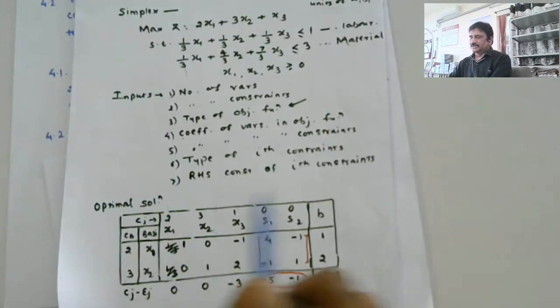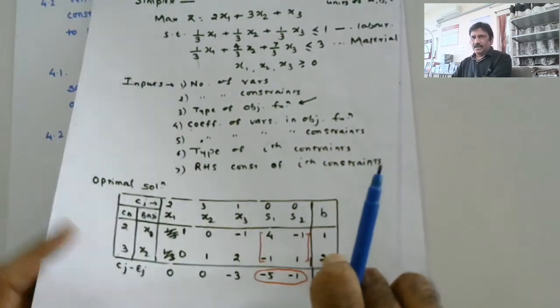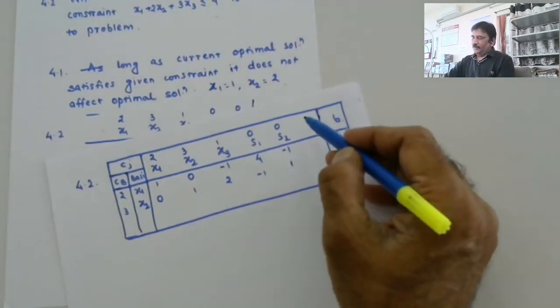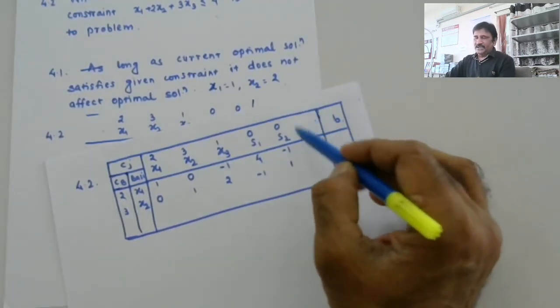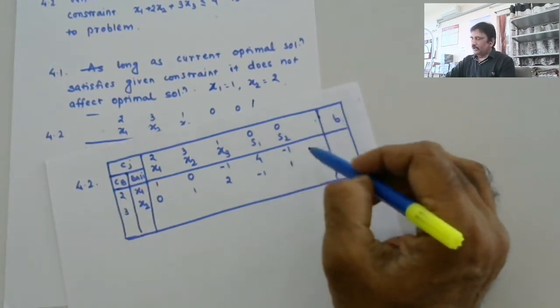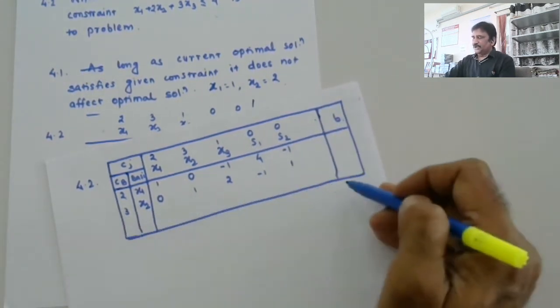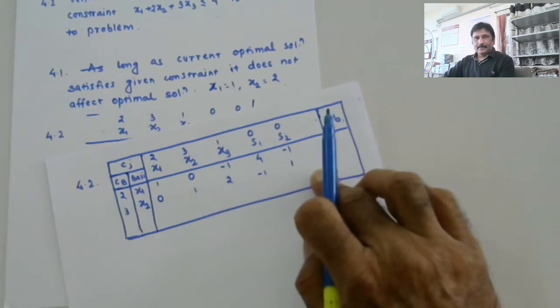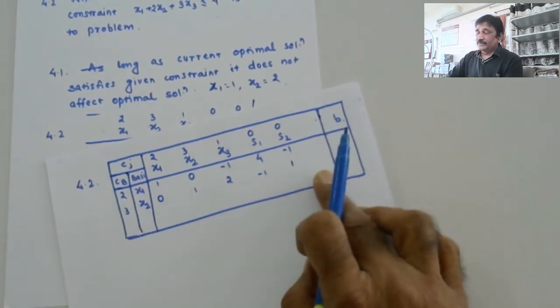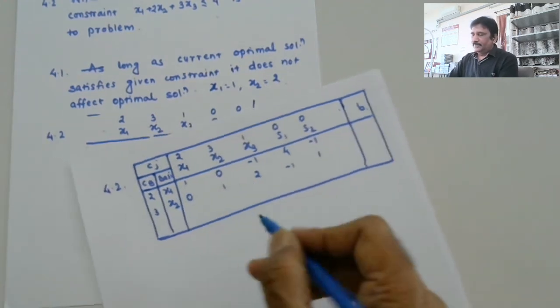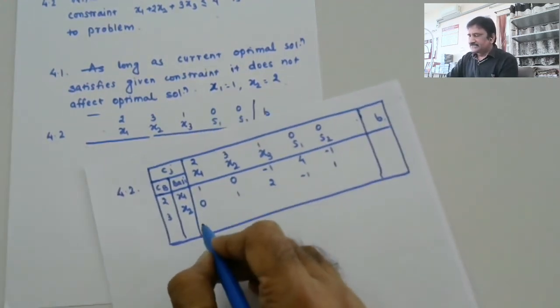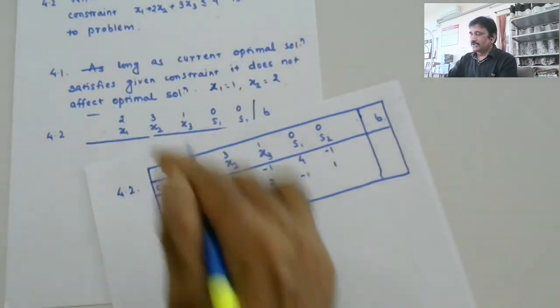Exactly this table I have rewritten. But one change I did: I have provided space here, something I am going to add here, and a space here. The constraint which is going to make certain changes in the optimal solution, I'll be accommodating it as it is.